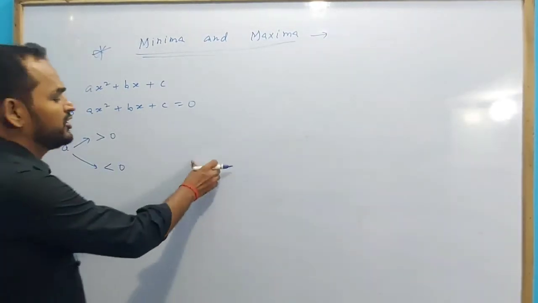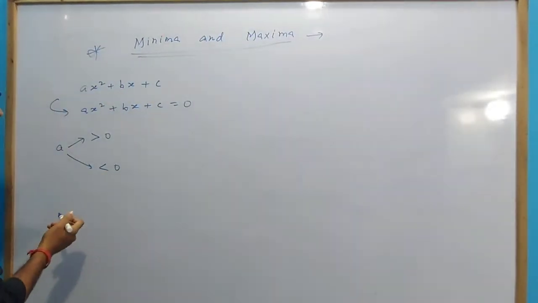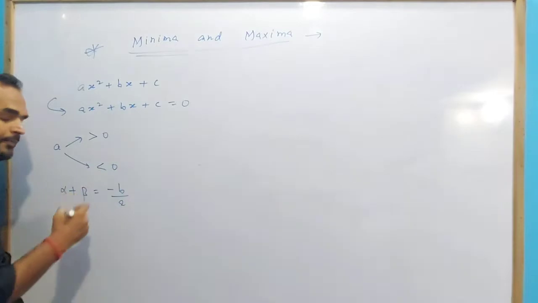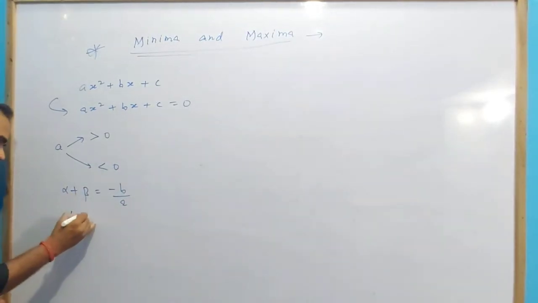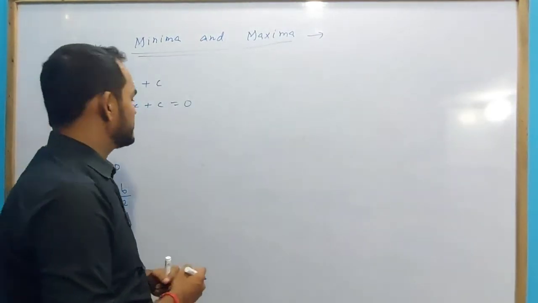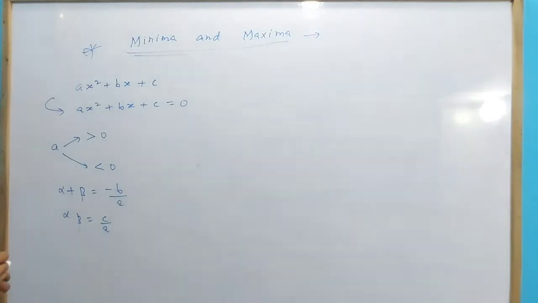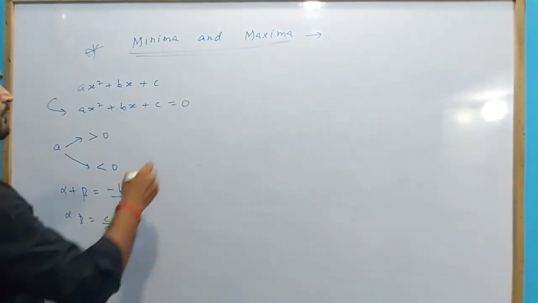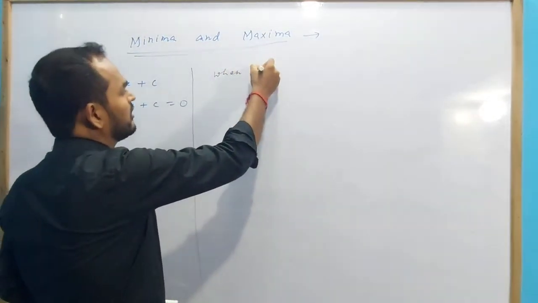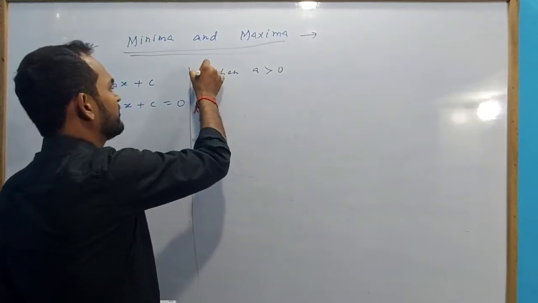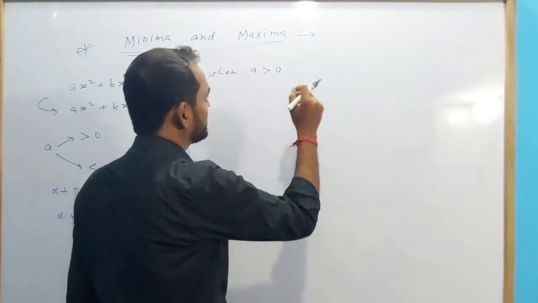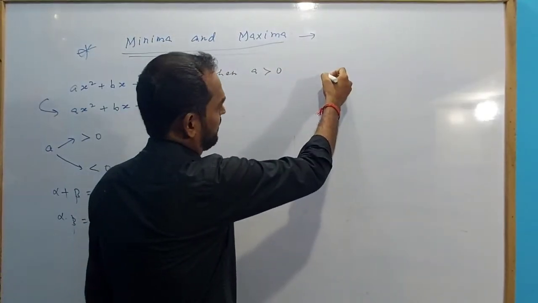You understood very well that alpha plus beta is minus b upon a, and alpha into beta equal to c upon a. Now in the first case, when a greater than 0, I am going to teach how to find the maxima and minima.